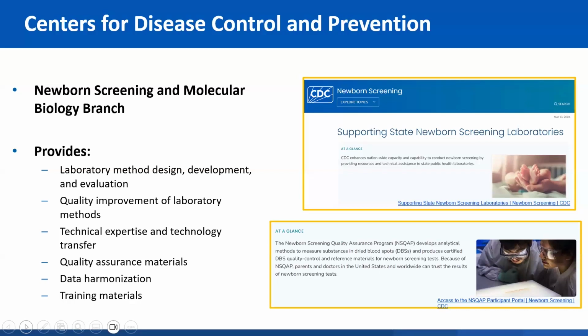We provide technical expertise and technology transfer to be able to pass information on to the states through consultation, one-on-one visits, site visits, training opportunities, and so on. And we create reference materials for both quality control and PT and other resources as it falls under our purview.